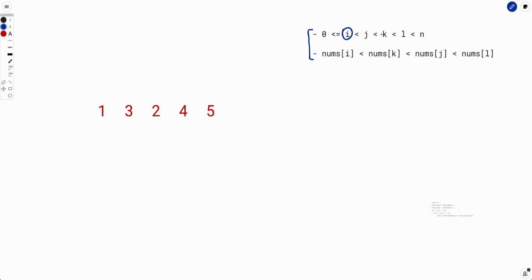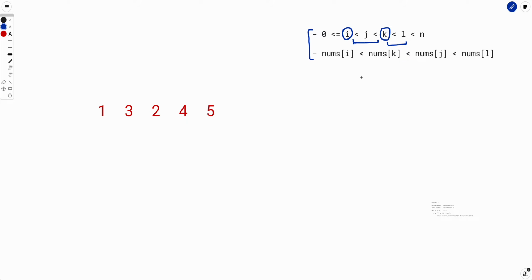Let's say you try to fix i and k. So this is a possible choice. Basically, you can say that okay, find me all the indexes j which are in between this i and k, and for l you can find all the indexes l which are after k.